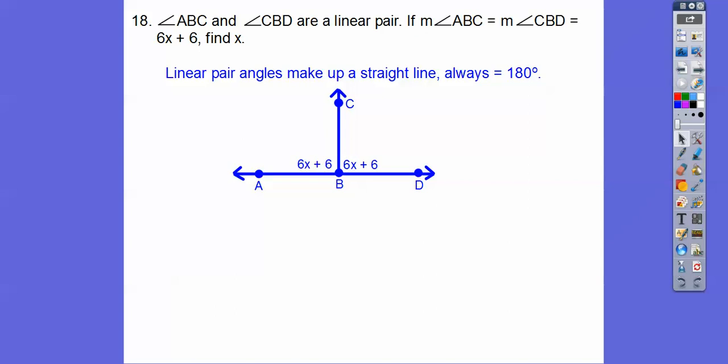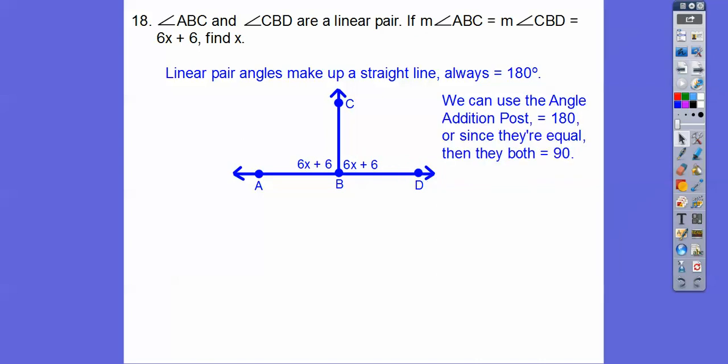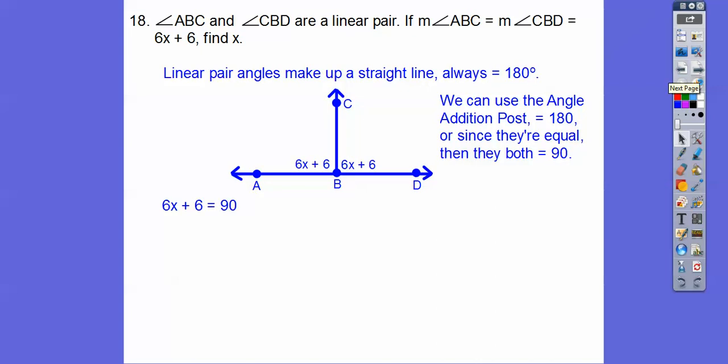Since they're equal, they're both equal to 6x plus 6. Now what we can do is 6x plus 6 plus 6x plus 6 equals the whole angle of 180. That's the angle addition postulate. Or since they both equal 90, we can just set one 6x plus 6 equal to 90.